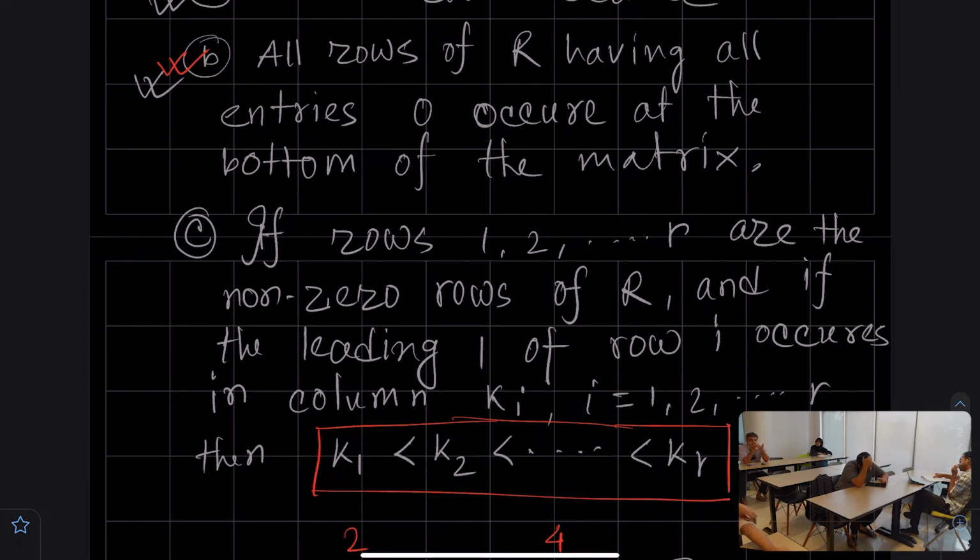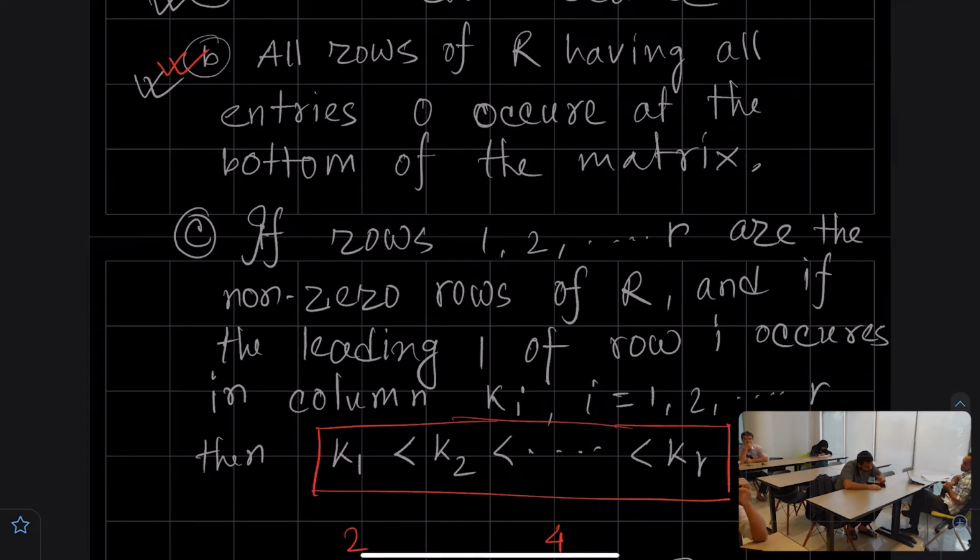And this is a case which is trivially a row reduced matrix, which is also a row reduced echelon matrix, right? Since there is no non-zero row, all the zero rows are stacked together at the bottom of the matrix, because there is no non-zero row to argue with.